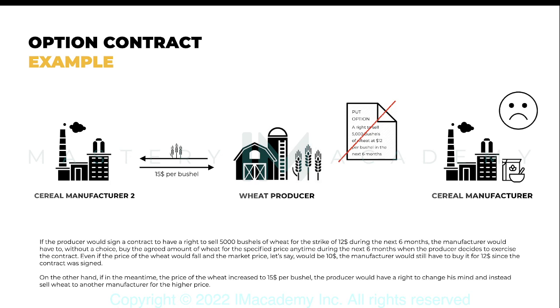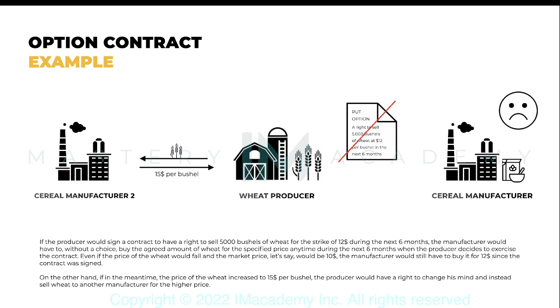Okay, so in this case, the one in control of the contract is the wheat producer, and the wheat producer decides if they want to exercise the put option or they prefer to sell the wheat for a different price to someone else.